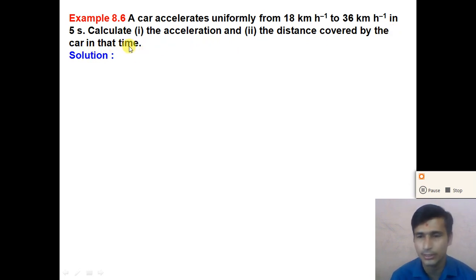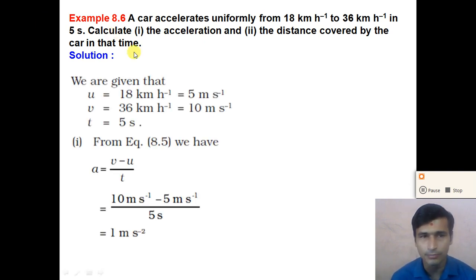So dear students, this is a similar example to the one we discussed previously. The initial velocity, final velocity and time are given. We need to calculate the acceleration as well as the distance covered by the object. Let us see how to calculate. Given that the initial velocity u is equal to 18 km per hour, we need to convert this into meter per second.